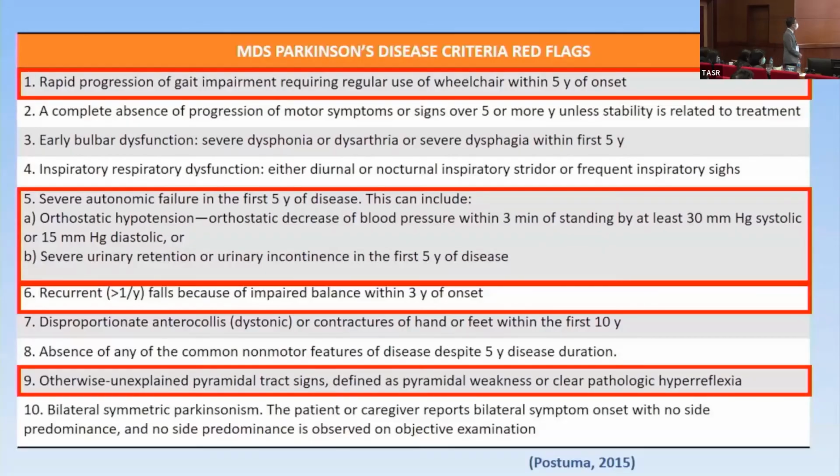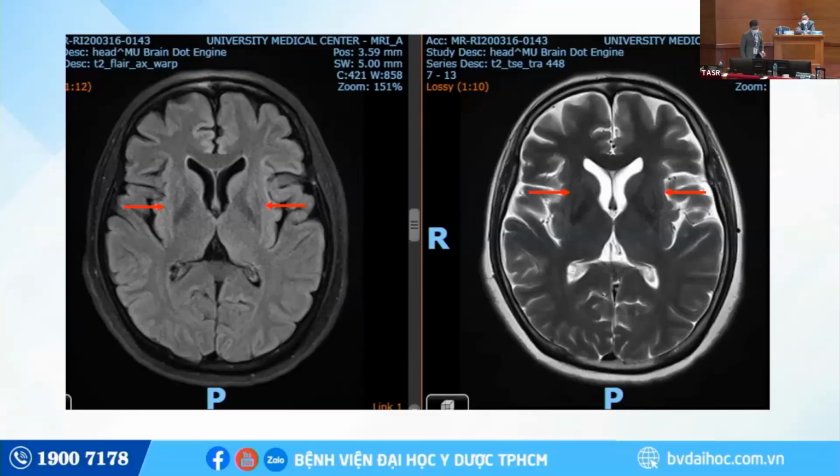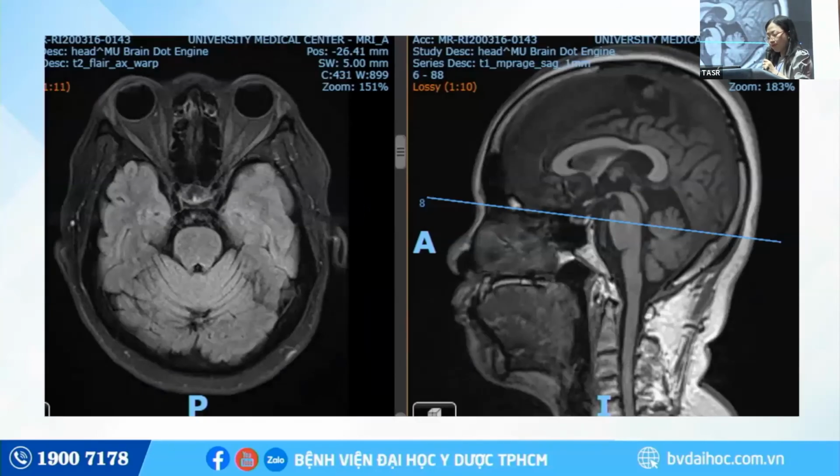So we suspected atypical Parkinsonism, and we did a lot of investigations. On her MRI, as we can observe in this picture, there is putaminal atrophy with the hyperintense rim sign bilaterally, and there's no atrophy of her pons.